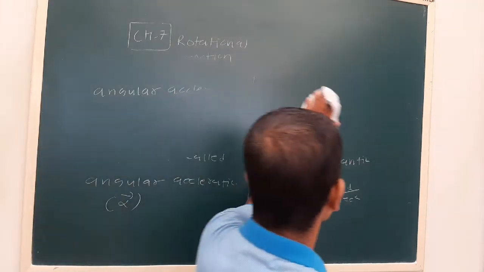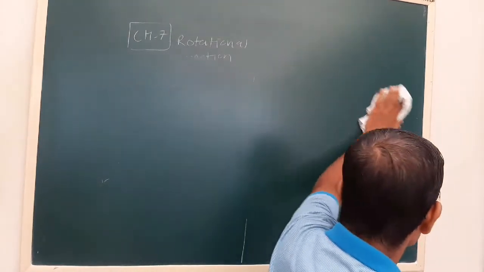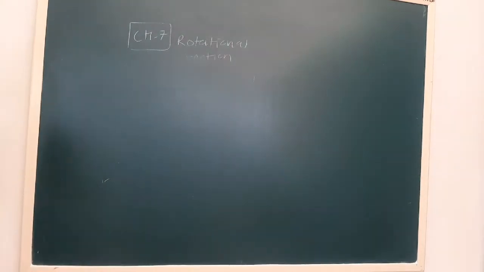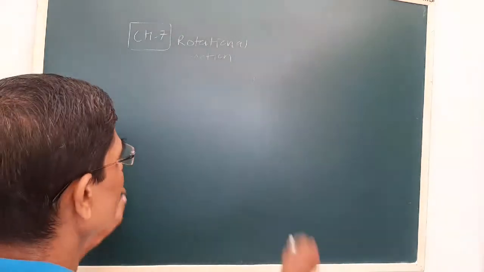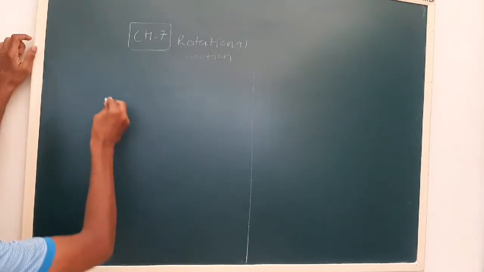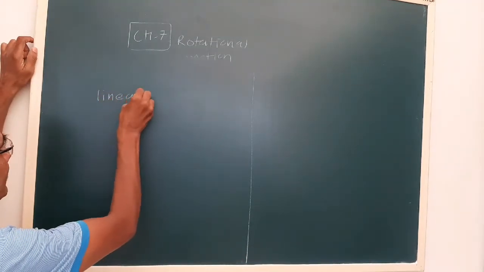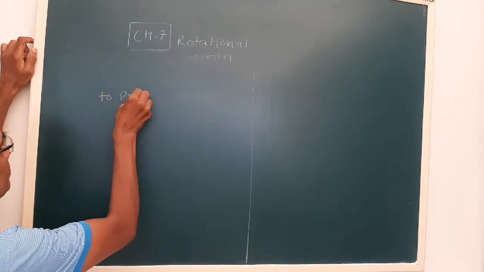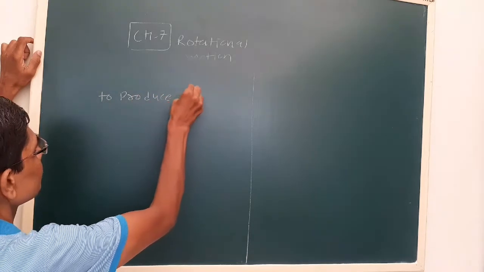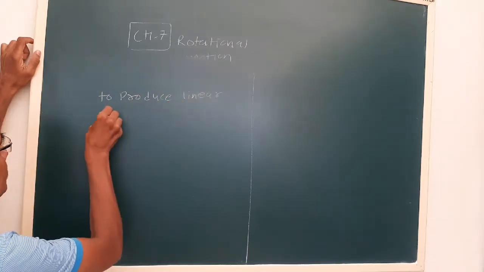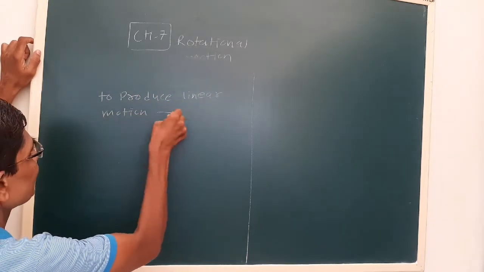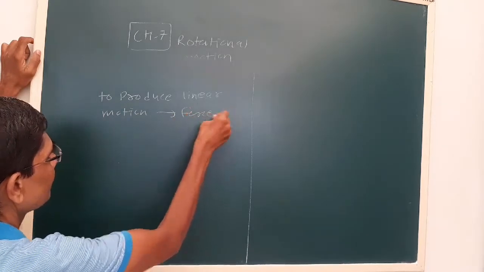Now, next we have to see about the important physical quantity called torque. Now, to produce linear motion, force is required.